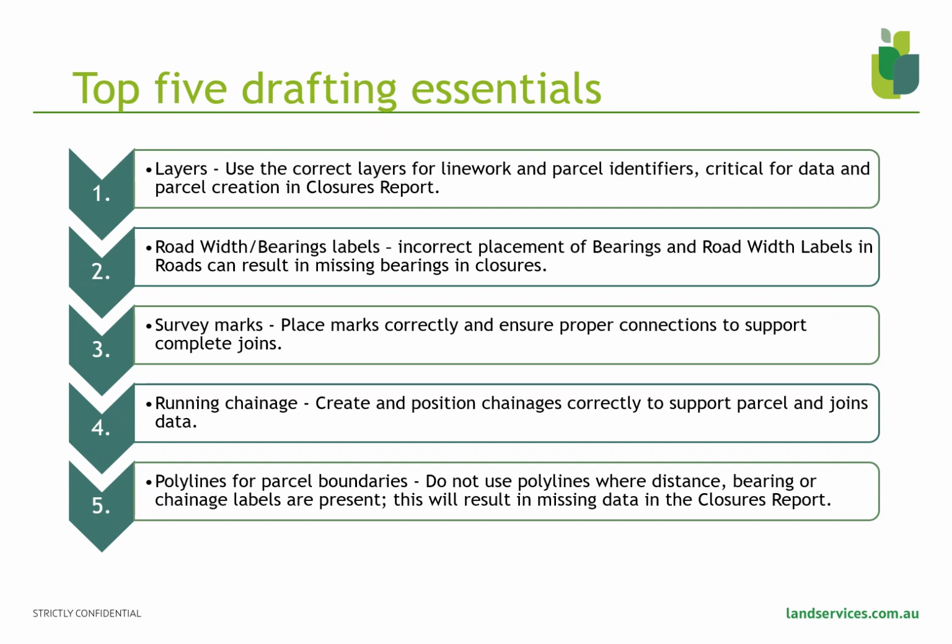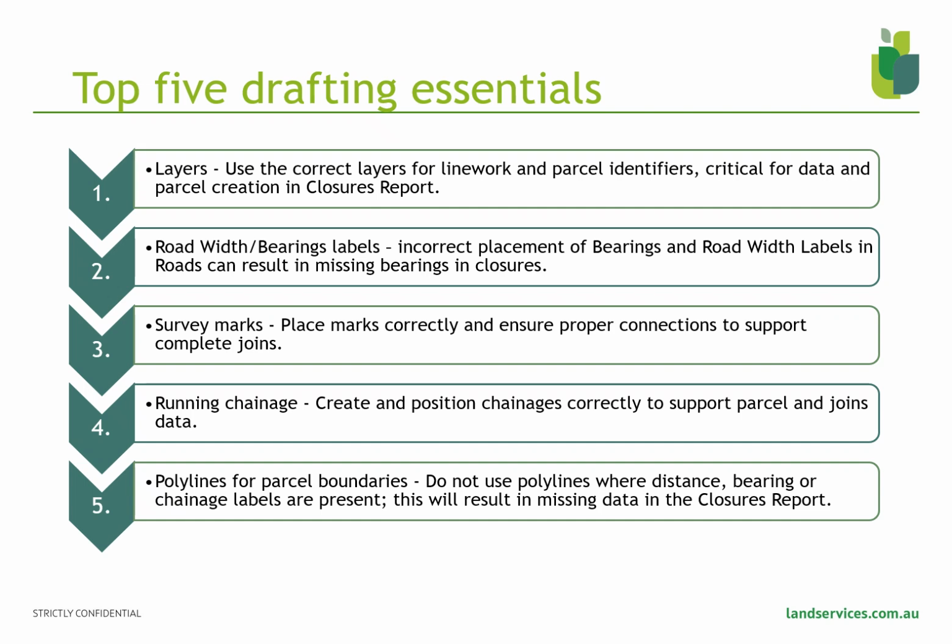Survey marks. Place survey marks correctly and ensure proper connection lines to each mark. Complete and accurate connection lines are essential for the joins data to be generated without errors. Running chainages. Create and position chainage labels correctly to support parcel and joins data.